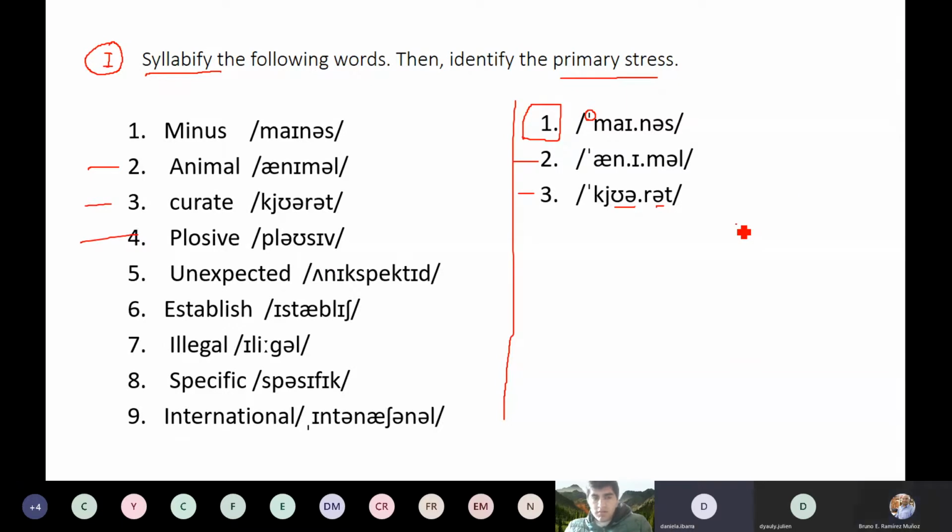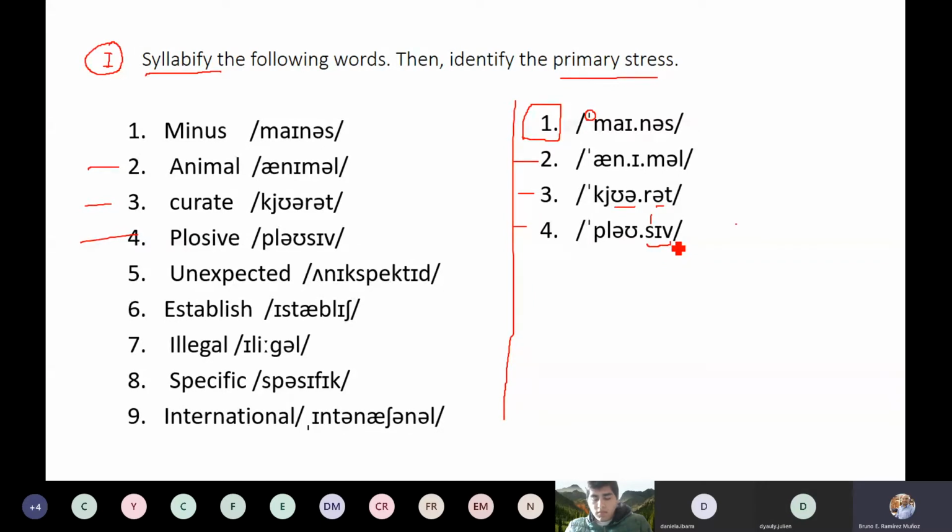All right. We have an intervocalic consonant sound that goes as the onset for the second syllable, plosive. Plosive, right? All righty.